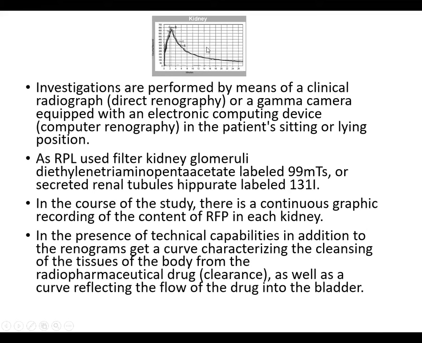In the presence of technical capabilities, in addition to the renograms, we get a curve characterizing the cleansing of the tissues of the body from the radiopharmaceutical drug. We call it clearance, as well as the curve reflecting the flow of the drug into the urinary bladder.